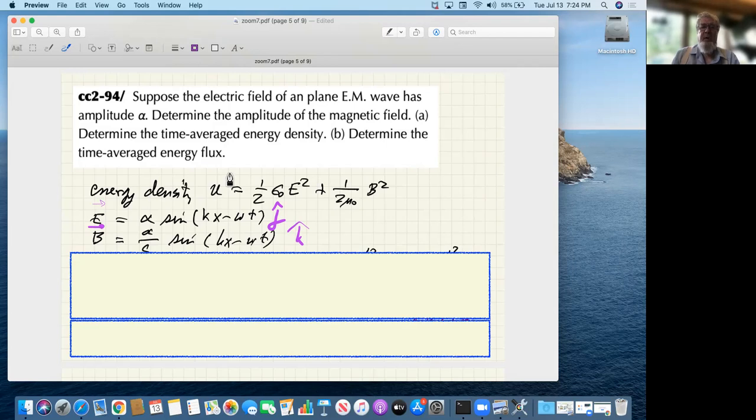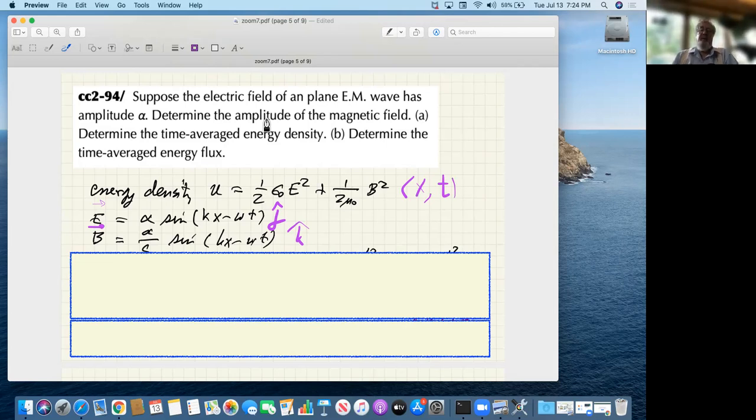Now the energy density, which depends on x and t, will be 1/2 epsilon 0 E squared plus 1 over 2 mu 0 B squared. So that's something that depends on position and time. If the question asks, what's the energy density?